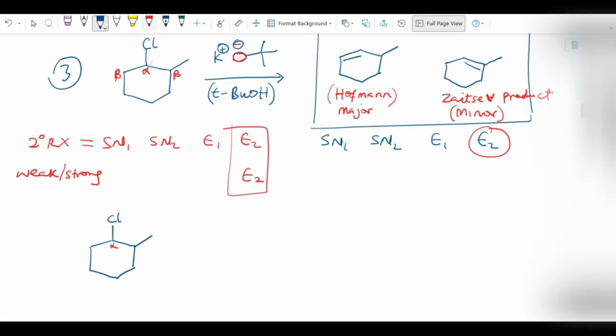Like I mentioned earlier, the beta proton that will be abstracted by the base has to be in the opposite direction as the leaving group. So if we place that proton on a wedge bond, then the Cl has to be on a dash bond. And if the Cl is on a dash bond, then it is the proton that is on a wedge bond that will be abstracted.